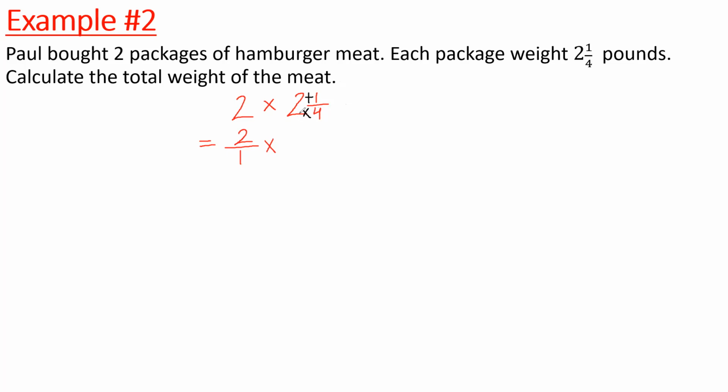No, we're gonna multiply the whole number by the denominator and add the numerator. Very good. 4 times 2 is 8, plus 1 equals 9. So it's gonna be 9 over 4. So we have 2 times 4, just like Malik said, which gives us 8, plus 1 is going to give us 9.